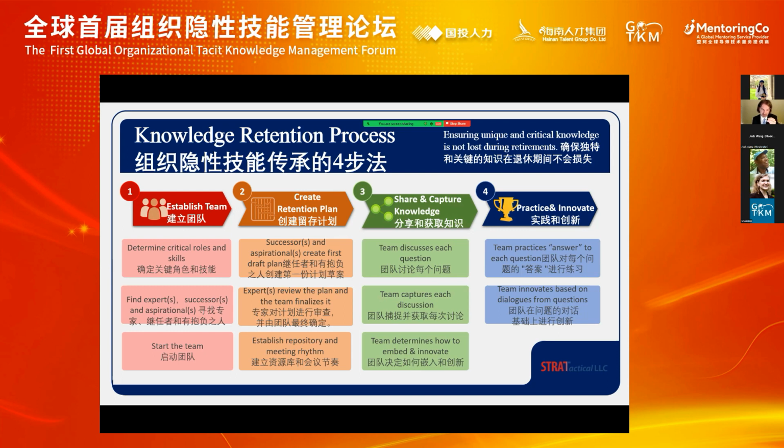In fact, around the world, I'm aware of 16 different knowledge transfer processes. If you were here an hour ago and Dr. Pugh was talking about the knowledge jam process, that's one of the 16 well-known knowledge retention processes.